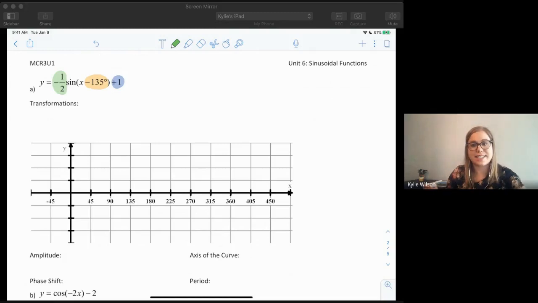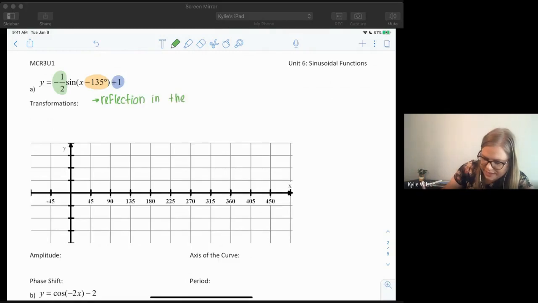Because A is negative, we have a reflection in the x-axis. Then, because A is 1/2, we have a vertical compression of 1/2.